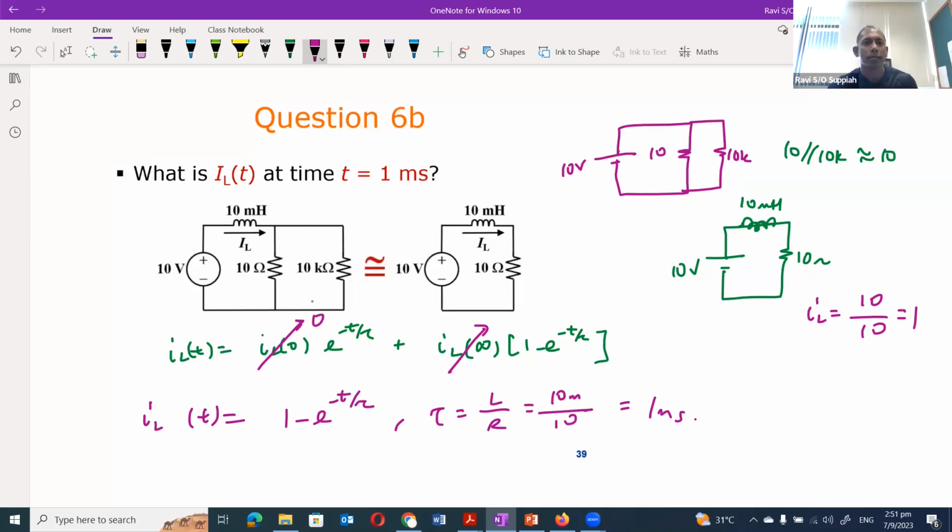So at 1 millisecond, which is 1 tau, my value for the charging would be 63.2% of the final value, which will be 0.632 ampere.